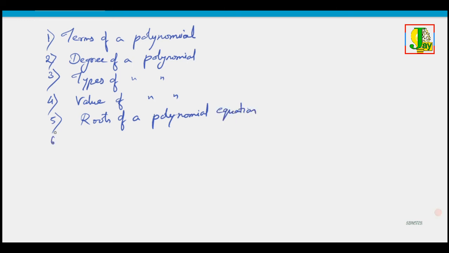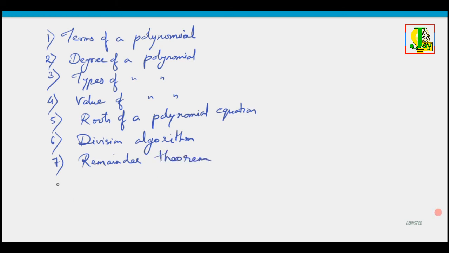Then division algorithm. Remainder theorem. And finally factor theorem.